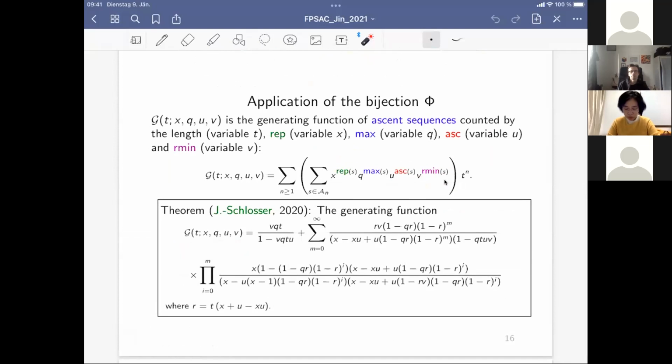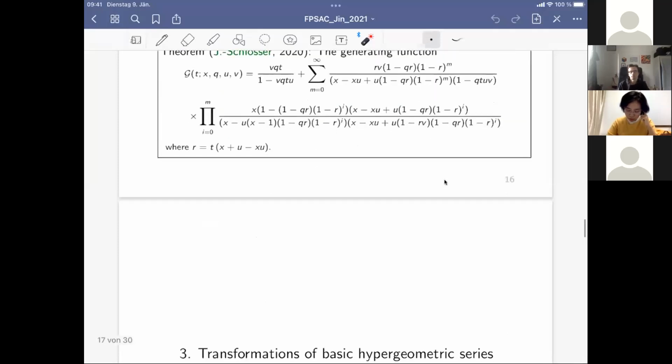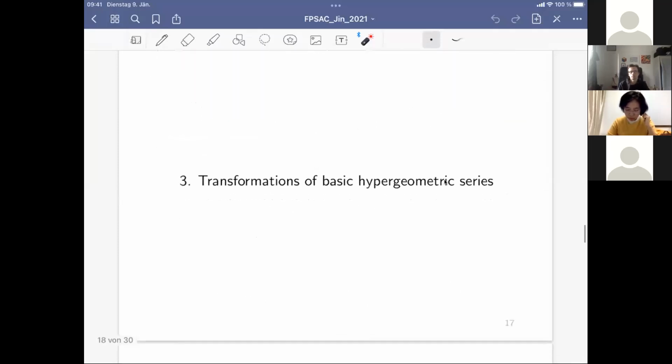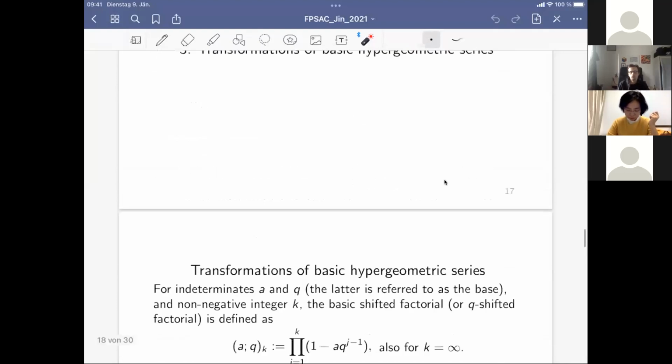On the next page, I will show how the transformations of basic hypergeometric series come into play so that we can prove the bisymmetric property directly.